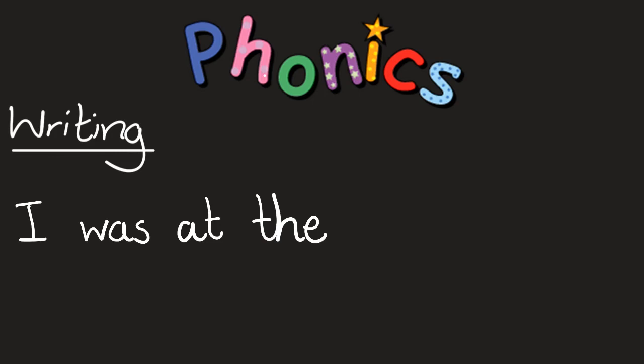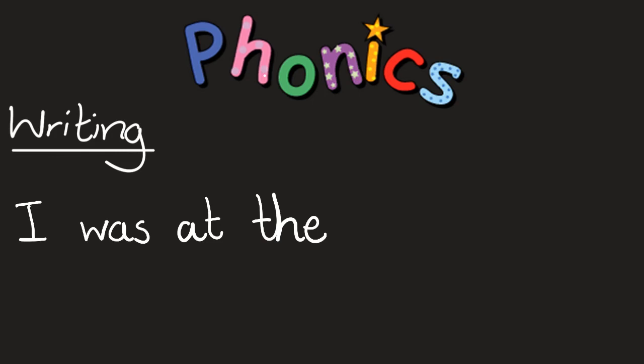A swim. I'll say them again. A swim. Okay, so our whole sentence, I was at the pond for a swim. And if you've remembered something, at the end of that sentence, we should have a piece of punctuation there.